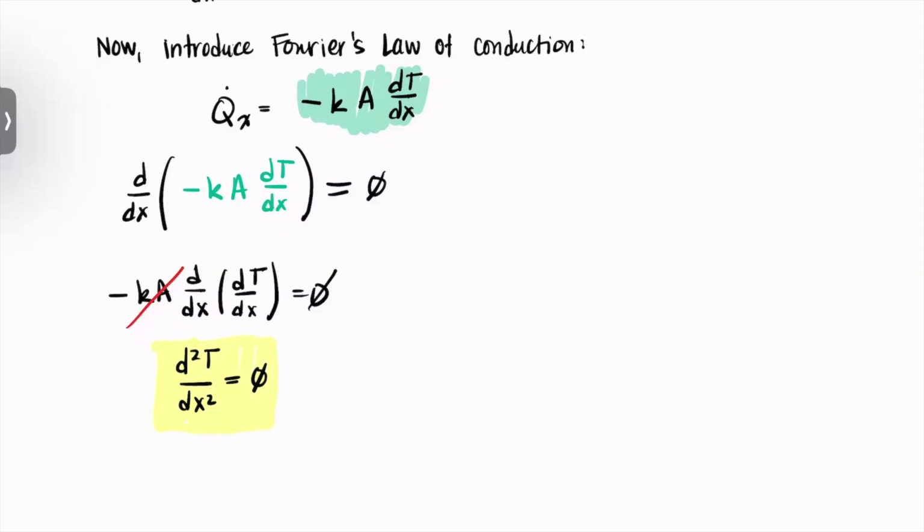All right, so now what we have is an ordinary differential equation in terms of T. So anytime you have a differential equation, the number of derivatives that you have in space, that is the number of boundary conditions that you need.